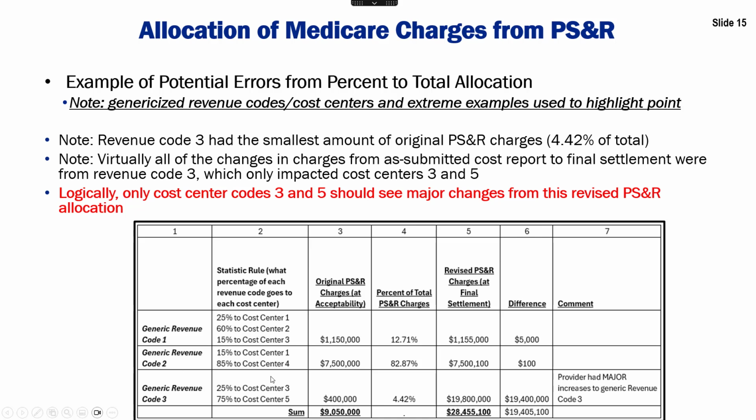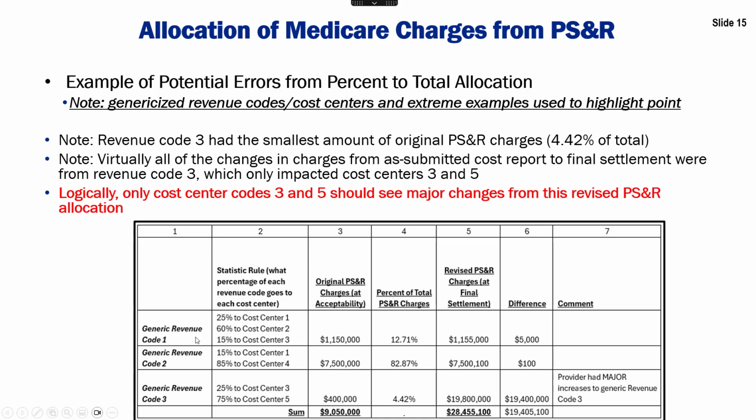We're also going to show an extreme example, which is very unlikely to happen in reality, dollar-wise, that much of a change. But when you see that drastic change, it really shows you why this is such a faulty method to begin with. Even if it's a smaller change, it's still a faulty method, but having it extreme just makes it very clear. You can call it out right away. So those are the two things.